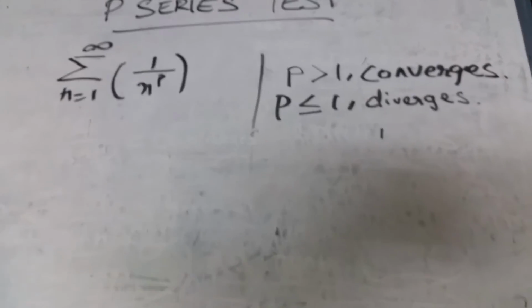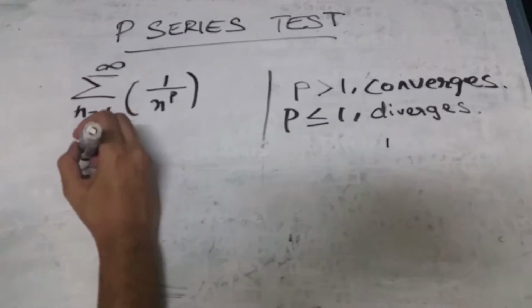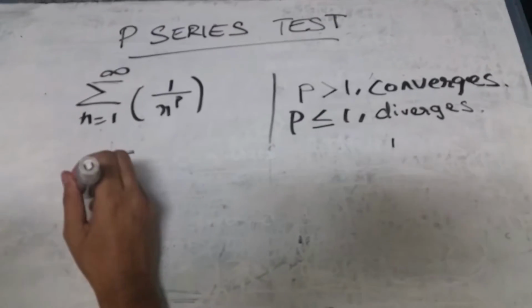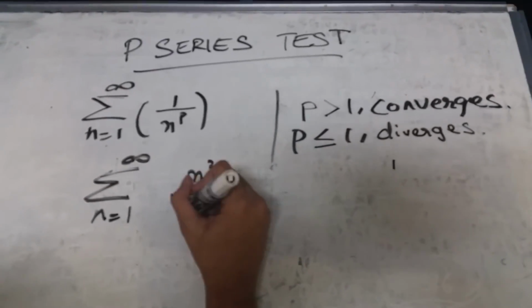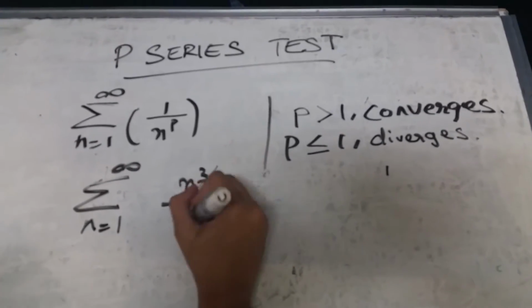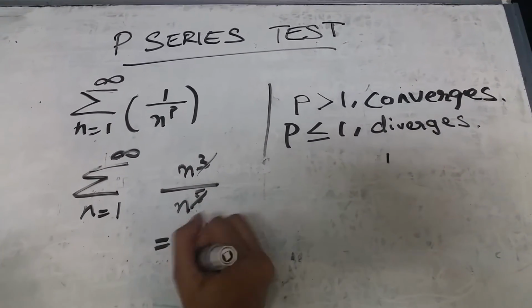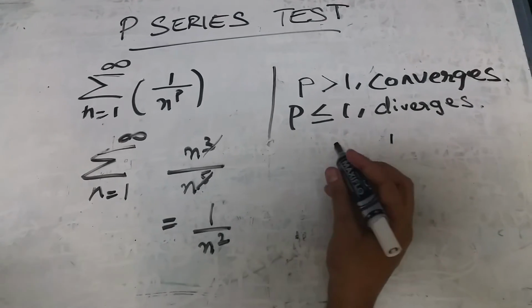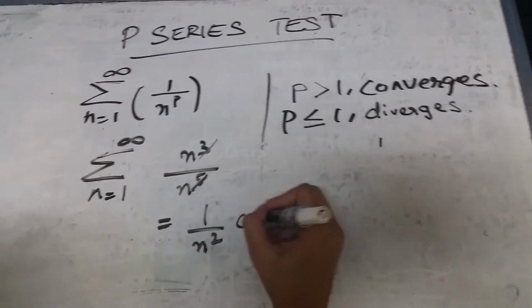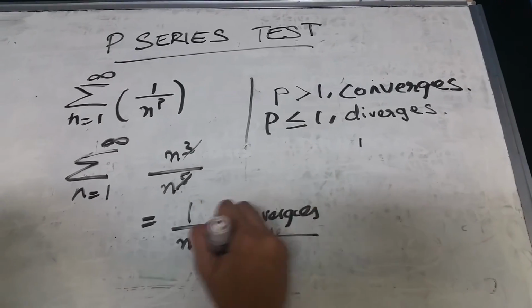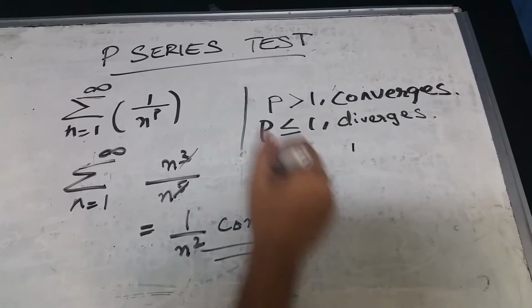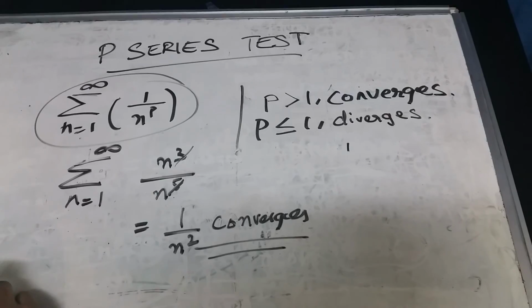It's basically simplification, and in the exam you should see if you can get it into this format. You have, let's say, n cubed over n to the power 5. You just cancel the powers, and it's quite straightforward. Since p is greater than 1, it always converges. So always remember that if p is greater than 1, it converges. This whole thing converges. So thank you.